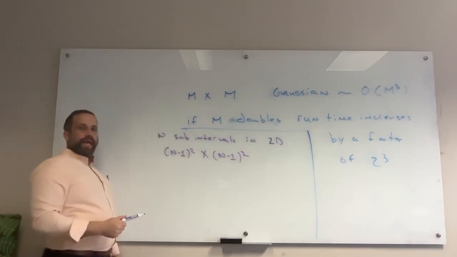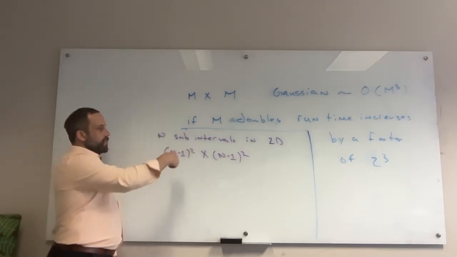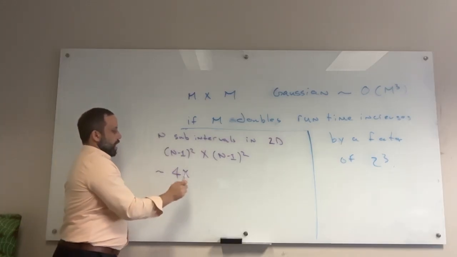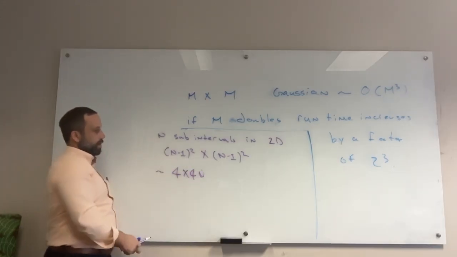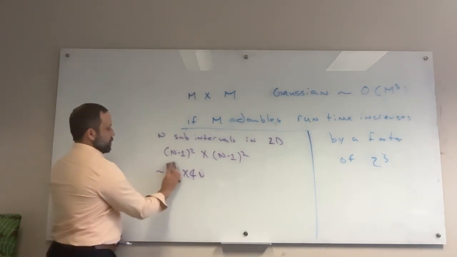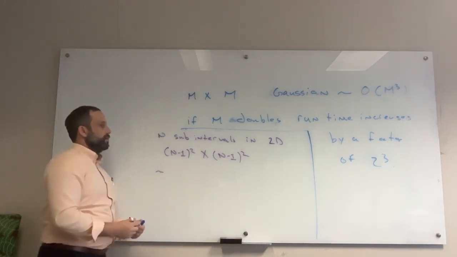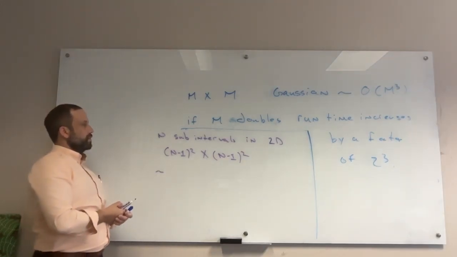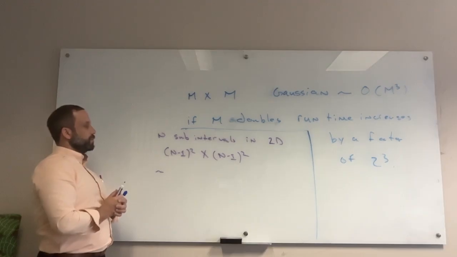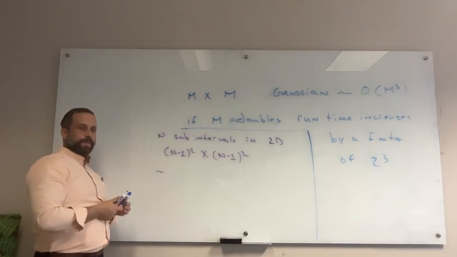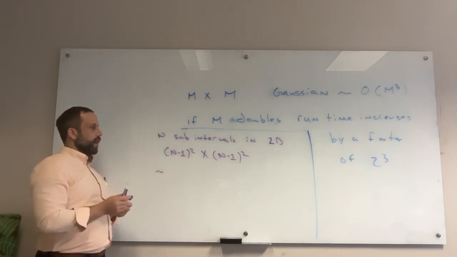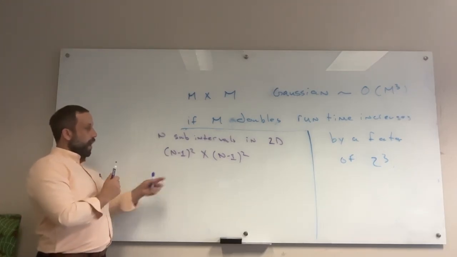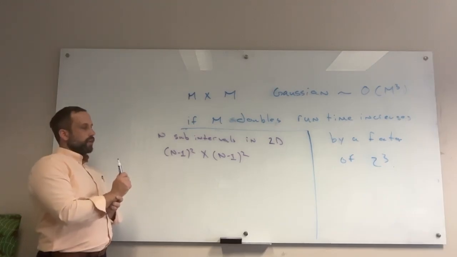So if we have n subintervals in the x direction and n subintervals in the y direction, we're going to have an n minus 1 squared by n minus 1 squared matrix.